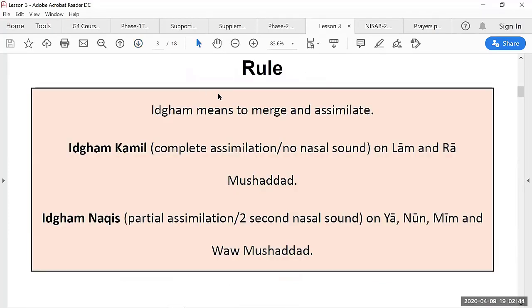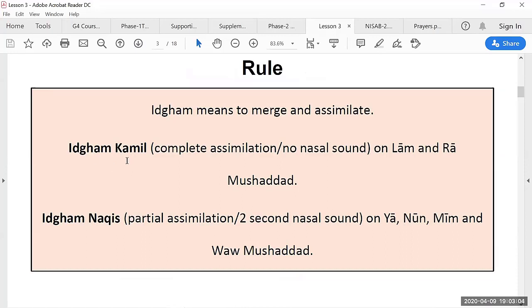The rule says that idgham means to merge and assimilate. But there are 2 types of idgham. One is kamil, which means complete assimilation, and the other is known as naqis, which means partial assimilation.